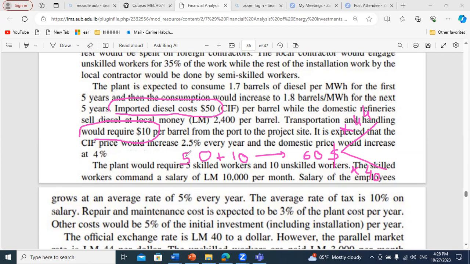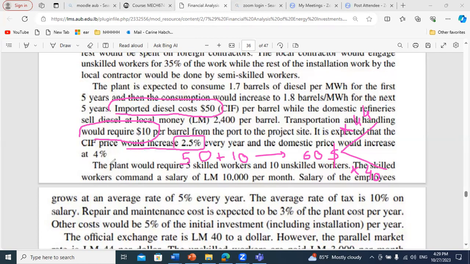They told us that the economic price will increase as the international price. So since the international price increase is 2.5%, then the economic price will increase each year by 2.5%. However, the financial price will follow the market.